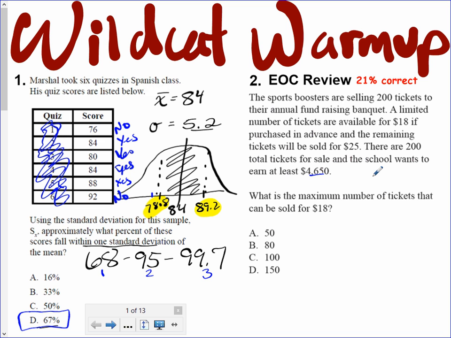It's the system of equations problem. 650 equals 18x plus 25y. Yeah, but I wouldn't have gone that order, but that works. So what are x and y?